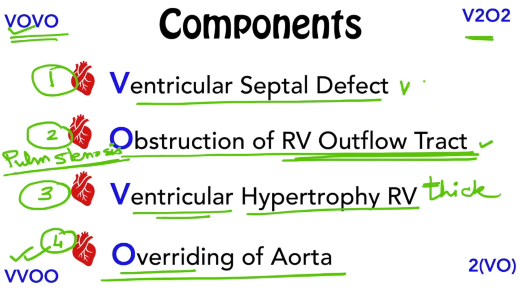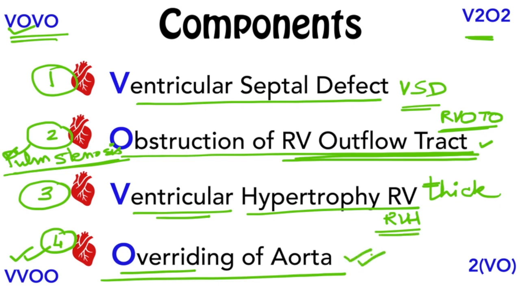VSD, ventricular septal defect; obstruction of the right ventricular outflow tract, that is RVOTO, or simply pulmonary stenosis; right ventricular hypertrophy; and the fourth one is overriding of aorta. We will now look into the details of each lesion: the VSD, the right ventricular outflow tract obstruction, the right ventricular hypertrophy, and the overriding of aorta.